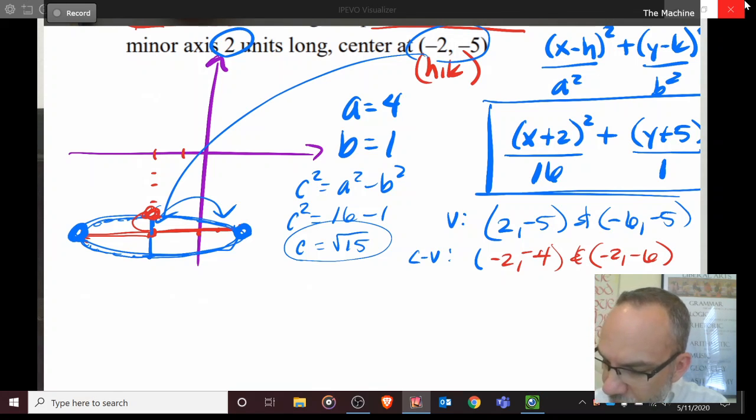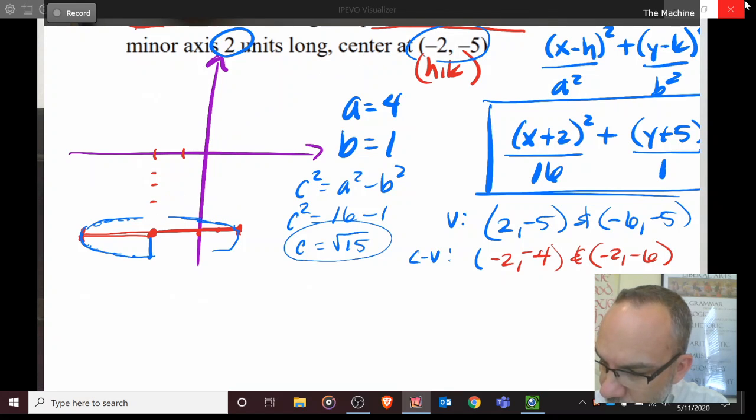Now, foci. Foci are going to be interesting. Let me see if I can squeeze in here and show you what I mean. Let me see if I can erase some of the clutter. Let's go back to the original ellipse kind of sketch here. Sorry, it's a little bit warped. The right side's longer.